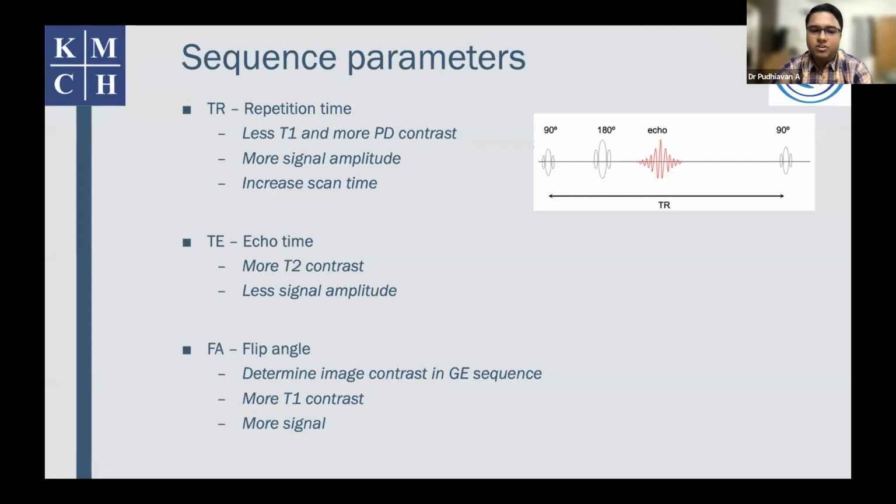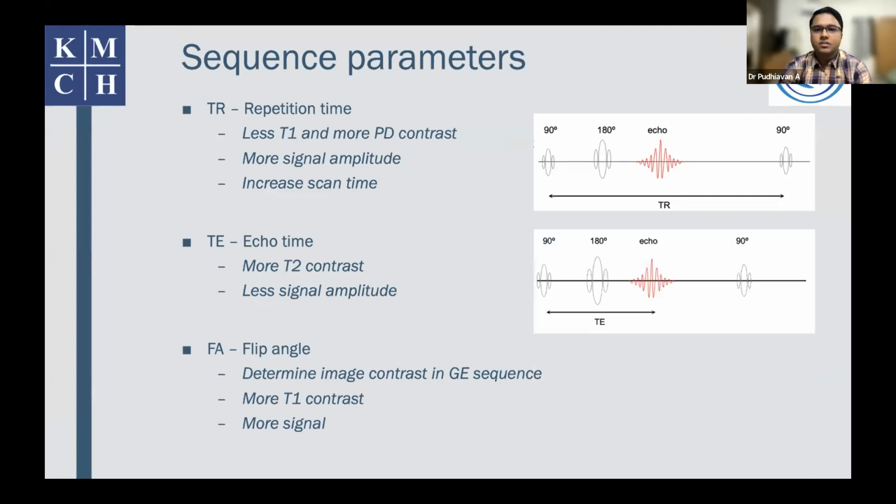Increasing the flip angle will also increase the signal amplitude. For example, a 90-degree pulse will obviously produce more signal than a 10-degree pulse, because there is more time for the T2 relaxation and the T1 relaxation to happen.